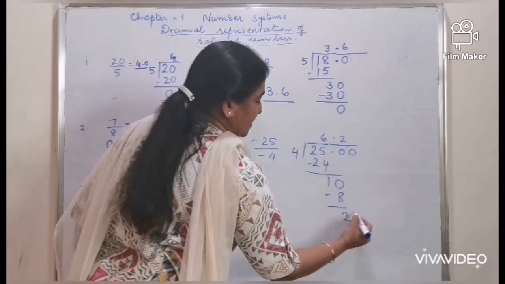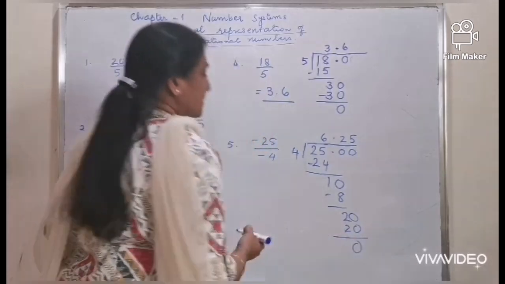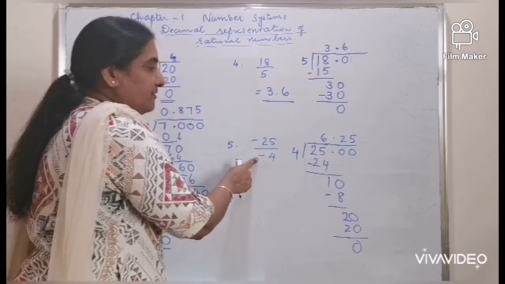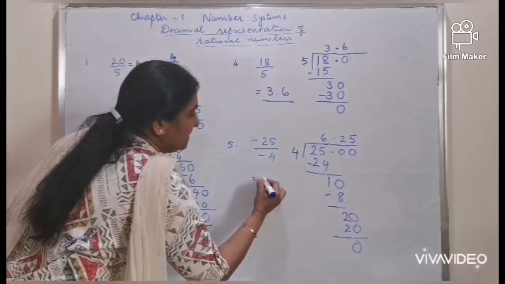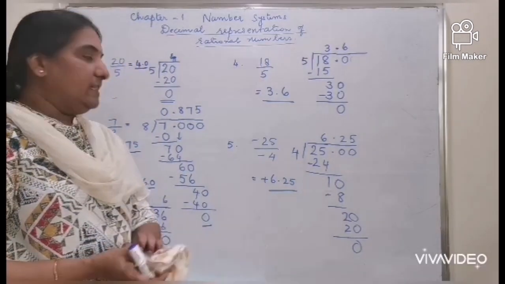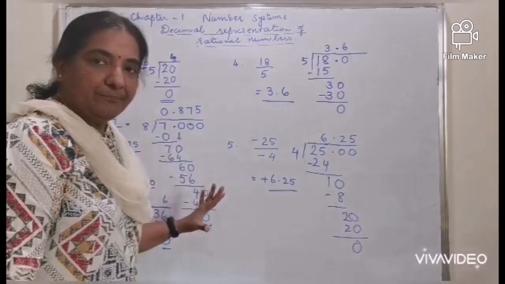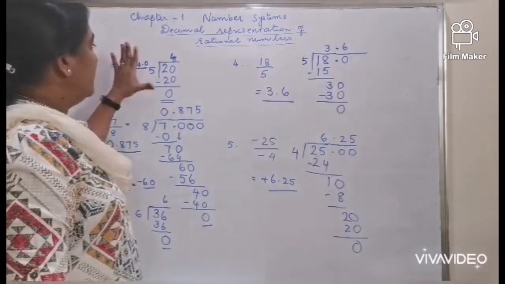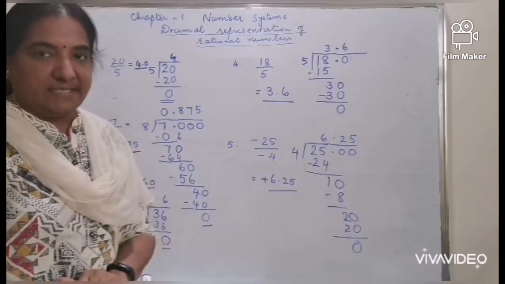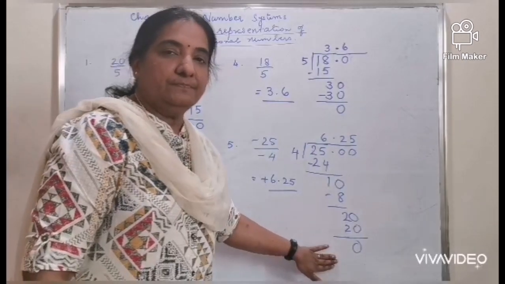And one more 0, and you will get 0. As the rule of integers, a negative number divided by a negative number, the answer will become positive, so it is plus 6.25. In all these examples, you can see that a rational number is divided and you got everywhere a terminating decimal. That means the remainder turned out to be 0.